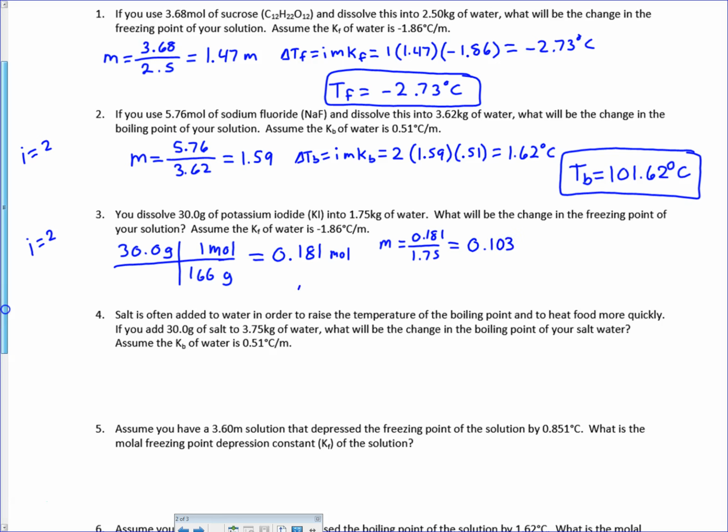Then we know the change in the freezing temperature equals our Van 't Hoff factor, which is going to be 2 times our molality, 0.103, times the freezing point constant, negative 1.86. All right, multiply all those together, you get negative 0.383 degrees Celsius, and so that means our final freezing temperature equals negative 0.383 degrees Celsius.